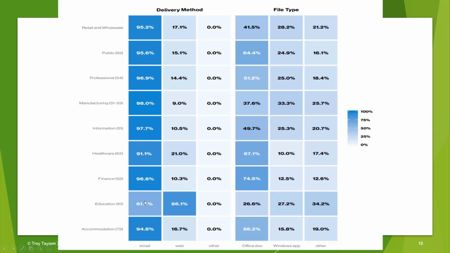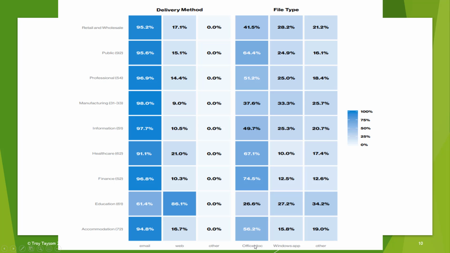Everybody's in the 90s except education for getting their malware through email. And then here's their web, and you see education's way up on this. The other thing they take into consideration here is you might get an email and then click on a link and go to the web, and that's where you get your malware at.